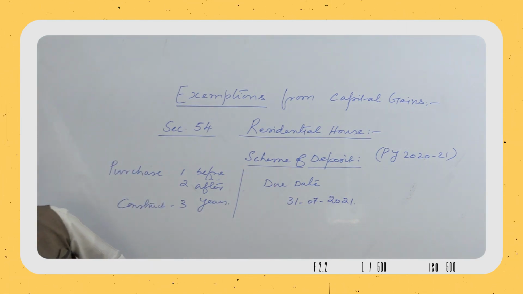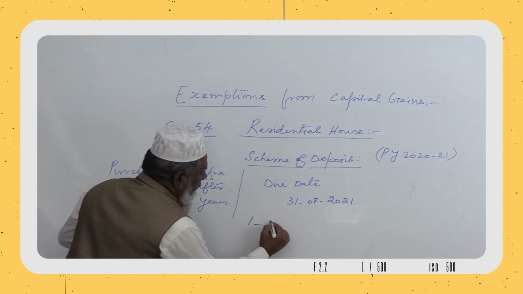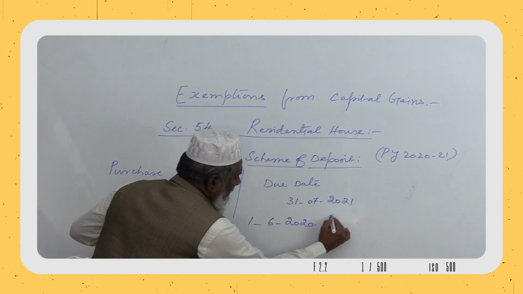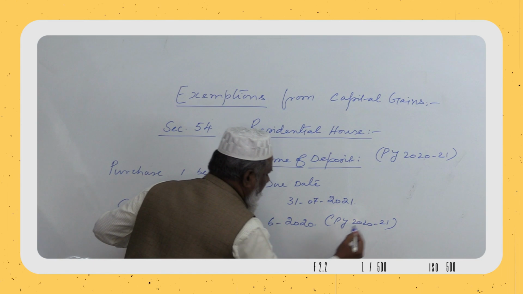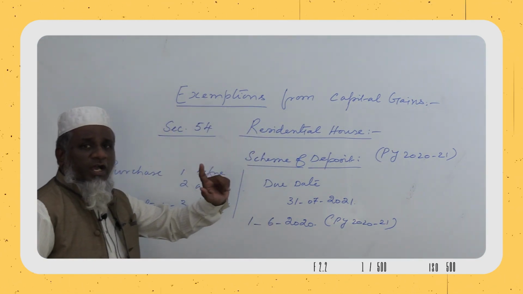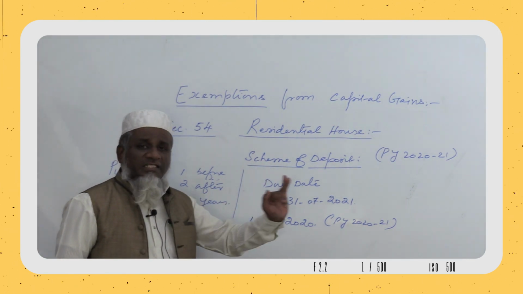Therefore, the rule says 2 years time is there. For example, I sold the house on 1/6/2020. This is coming under the previous year 2020-21. June, July, August, September, October, November, December: there are another 7 months.